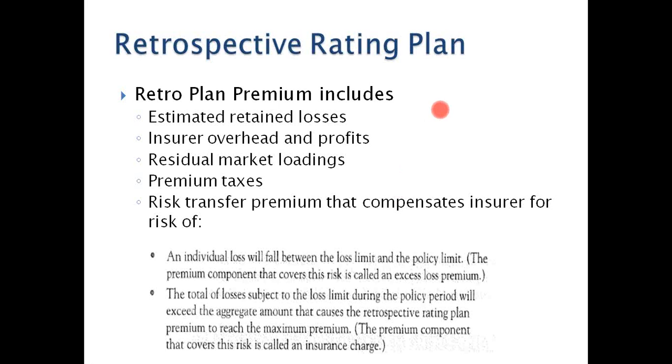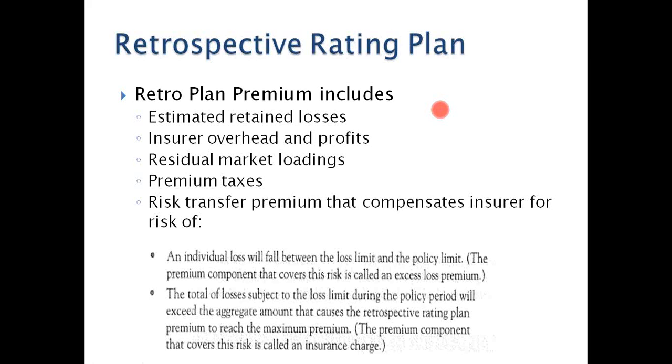So when we look at a retrospective plan, the premium includes a couple things. There's going to be an estimated retained losses, and the insurer overhead and profits, residual market loadings, premium taxes, and then risk transfer premium that compensates the insurer for the risk of, and these type of things at the bottom. That an individual loss will fall between the loss limit and the policy limit.